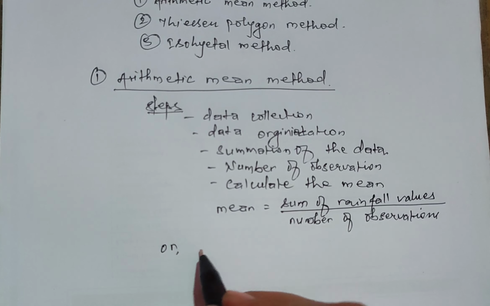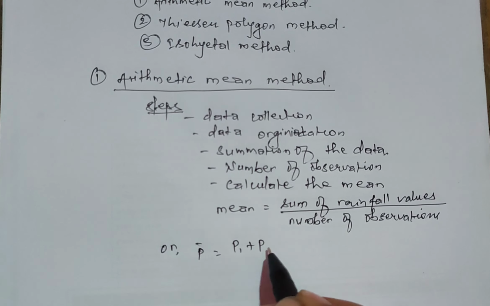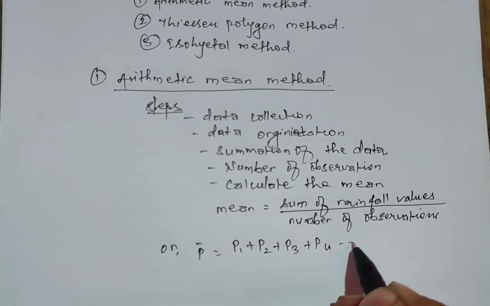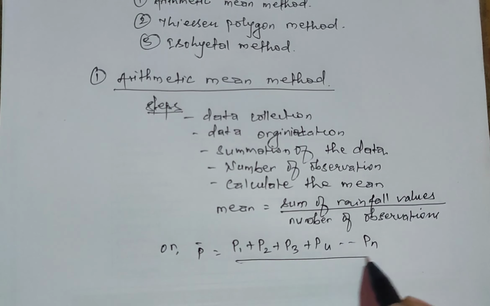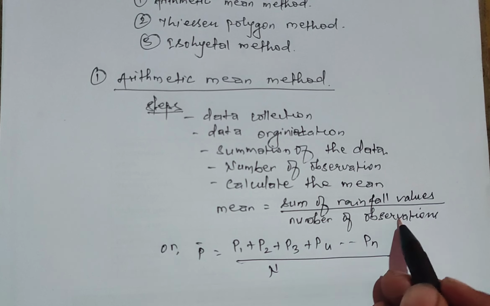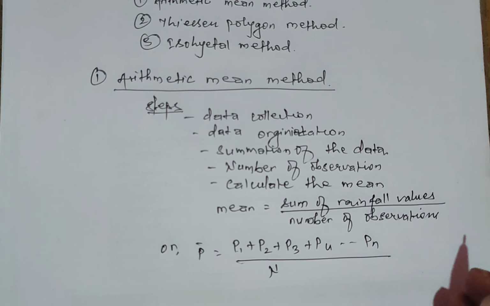Or this formula can also be written as P bar equals P1 plus P2 plus P3 up to Pn divided by n, where n is the number of observations and P1, P2, P3 are the rainfall values at different stations.